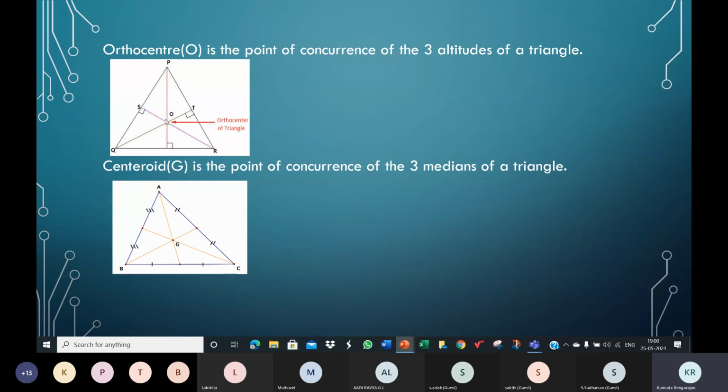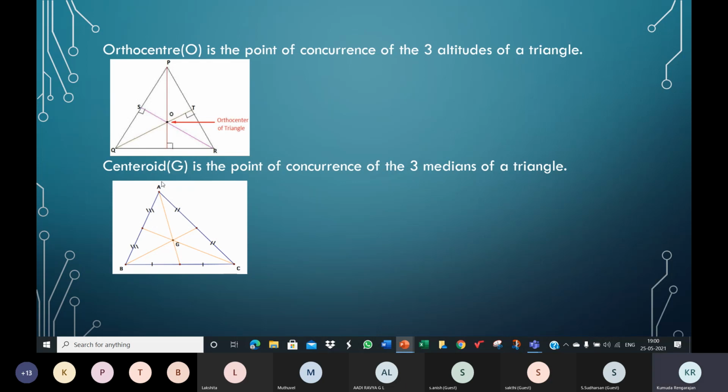These are altitudes. Altitudes are also concurrent, and this is the point of concurrence, where more than two lines meet. More than two lines or line segments, when they meet, we say point of concurrence. So this point of concurrence of the three altitudes is called the orthocenter.